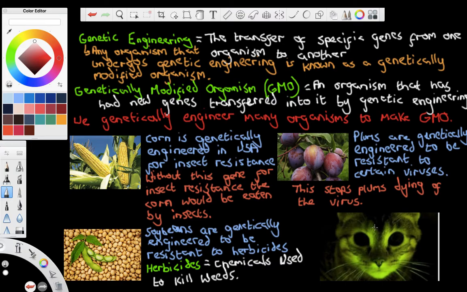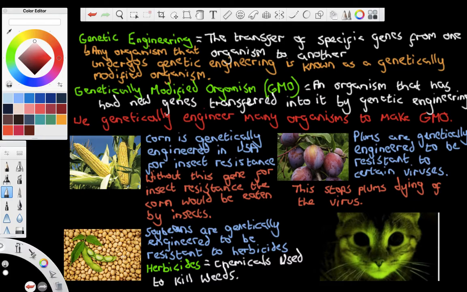For example, the cat became a GMO. The cat was a genetically modified organism because we'd used genetic engineering to take a gene from a jellyfish and put it in the cat. And we expected that it would get resistance to HIV, but we didn't expect that it would glow in the dark. Now, if this happened, what else is happening with all of these ones that we happily eat? So you guys might eat corn, you might eat plums, and you might eat soy.